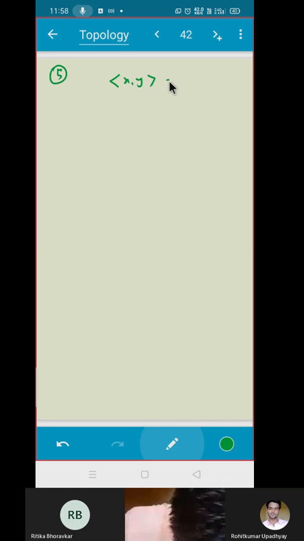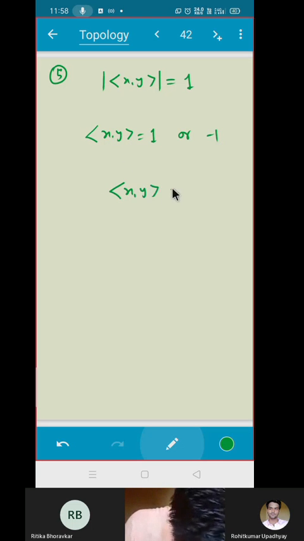Suppose I have the mod of inner product of x comma y equal to 1. Then I have two things, that is, either the inner product of x comma y is 1 or minus 1, correct? Now let me take the case where the inner product of x comma y is 1. What can you say?